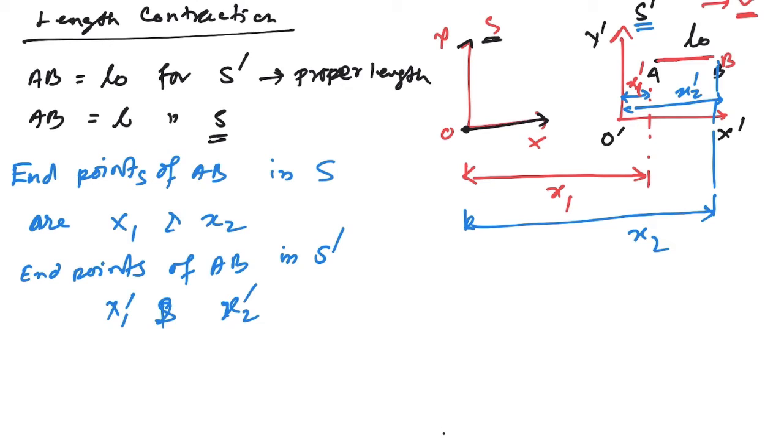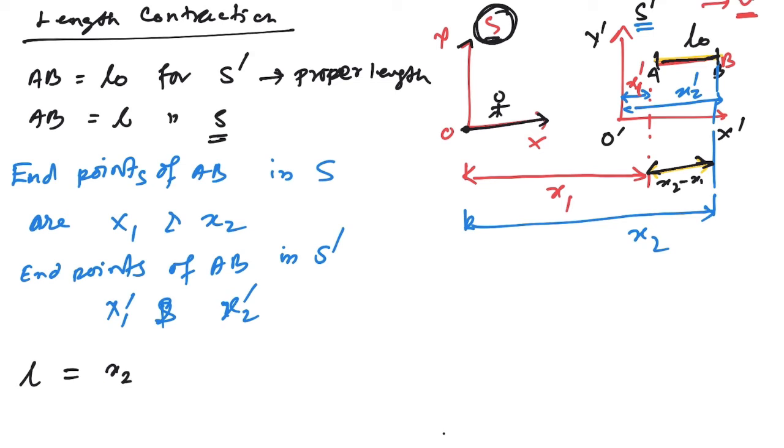So here you see, clearly, the length of this rod AB, that is L, according to the observer in the frame of reference S, will be given by x2 minus x1.